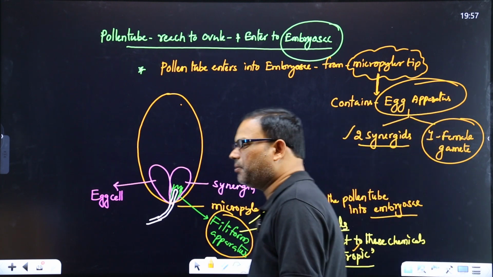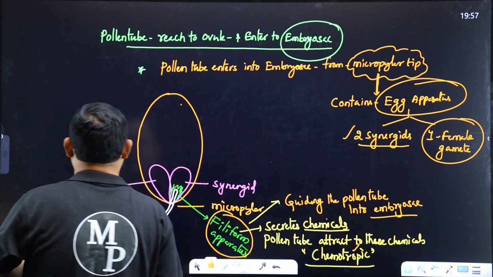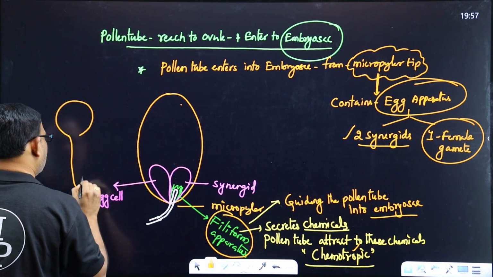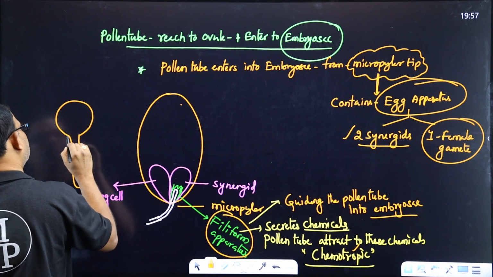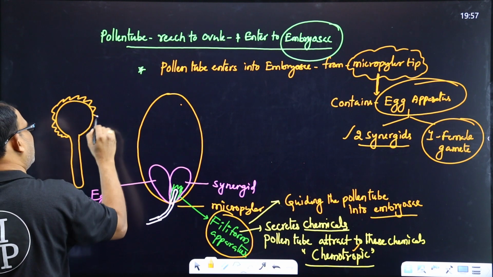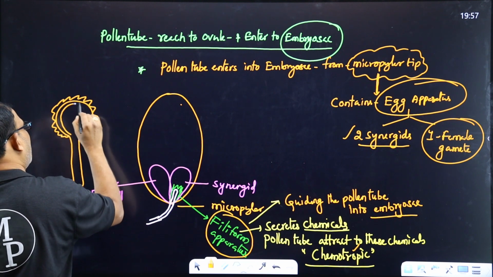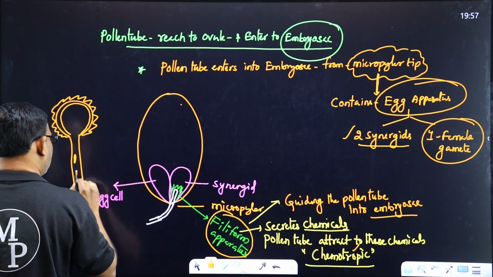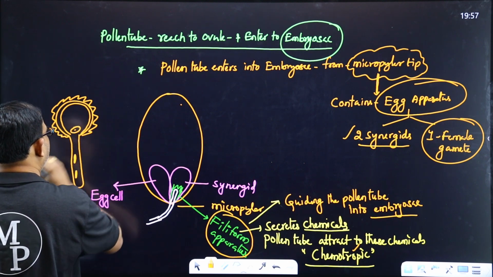Very, very important. I already told you, this is the pollen grain; the intine produces a pollen tube. This is the outer exine layer, and this is the plasma membrane. Inside, how many male gametes are there? Two male gametes and one vegetative nucleus.